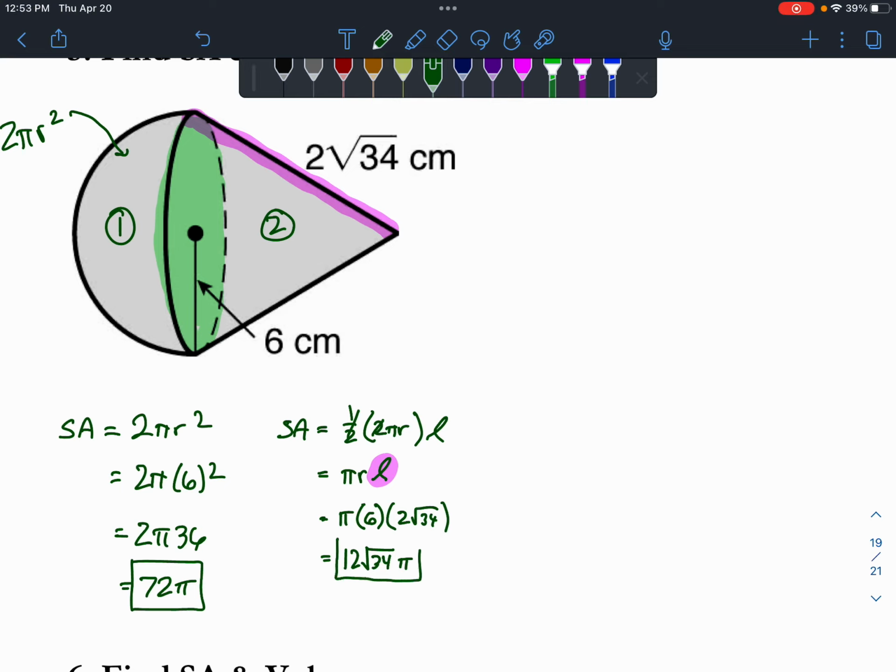Those two values need to be added together. Unfortunately, although they do both have pi's, we cannot add numbers that have square roots with normal traditional numbers. So this is where your final answer actually becomes for the total surface area of 72 pi plus the 12 square root 34 pi. Don't forget your units for surface area, centimeters squared.